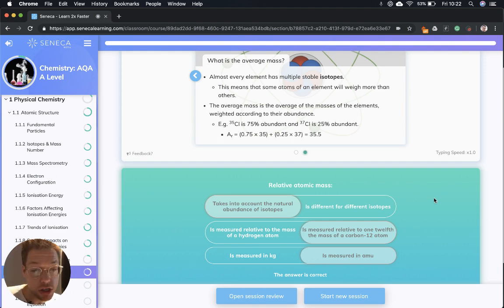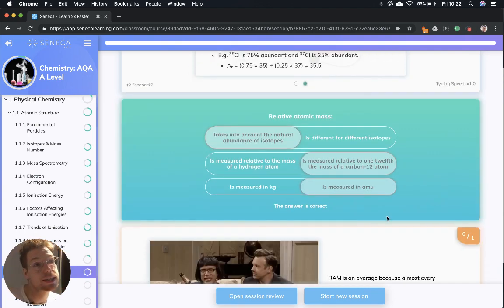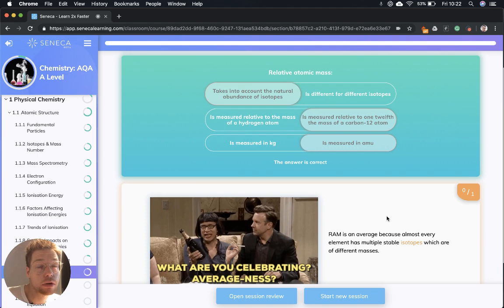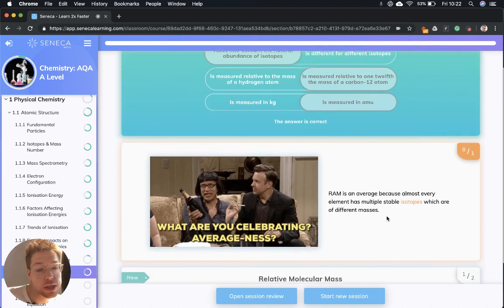It's measured relative to 1/12 of the mass of a carbon-12 atom, okay? 1/12 of a carbon-12 atom. And the units are AMU. Using kgs would be dumb because it would be so tiny. It would be like 1.0 times 10 to the minus 27 or something ridiculous.